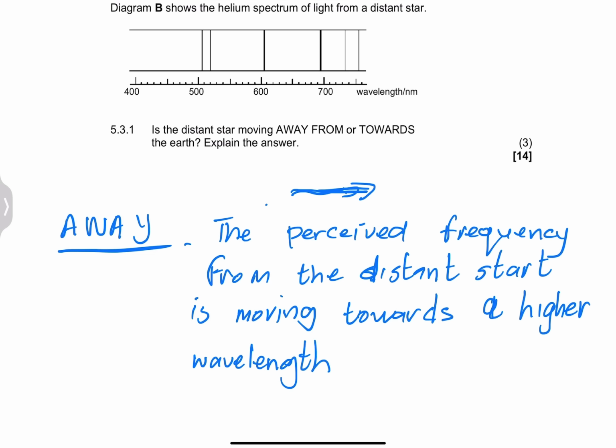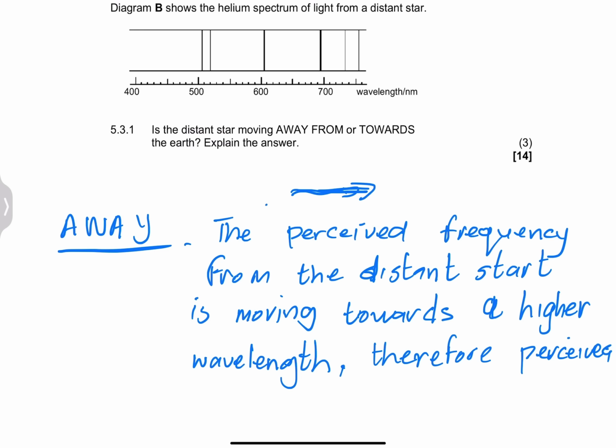Or you can say the emission spectrum of the distant star is moving towards the higher wavelength, therefore the perceived frequency decreases.